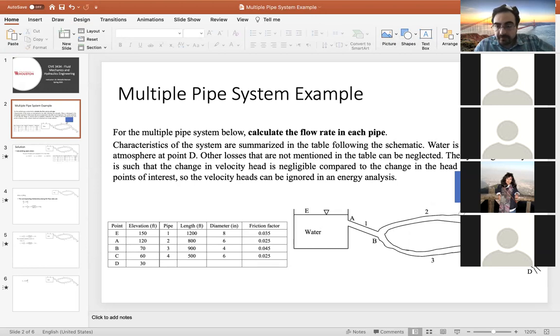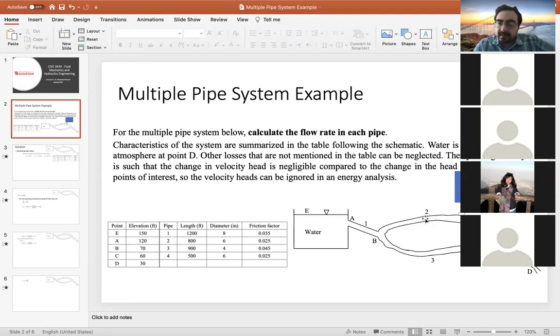So if I have this reservoir, I don't know if the flow is going to come from this side, or go into the reservoir, or come out of the reservoir, right? So for those, you need to first make an assumption. For example, say I assume that it's going to go out of the reservoir.